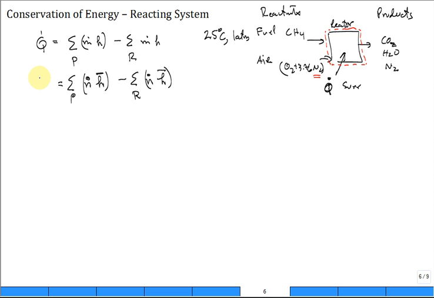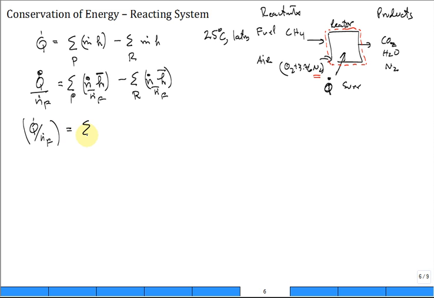So the next step is we say, well, normalize this equation by dividing by N dot of the fuel. N dot of the fuel, N dot of the fuel. And what you get is this ratio. It's how many kilojoules of heat transfer from the surroundings into the control volume per kilomole of fuel coming in to the reactor.